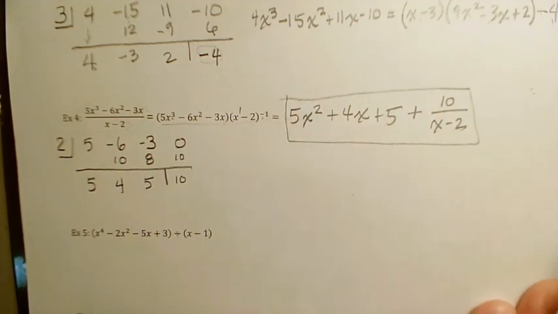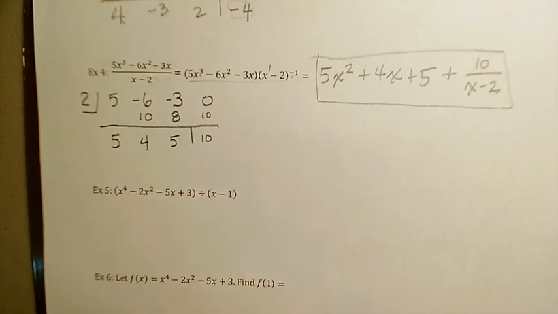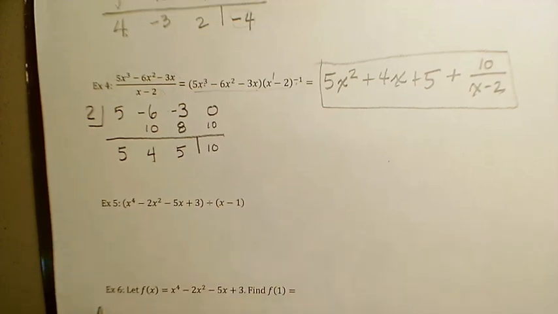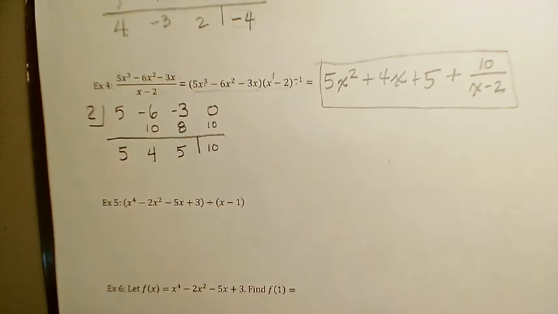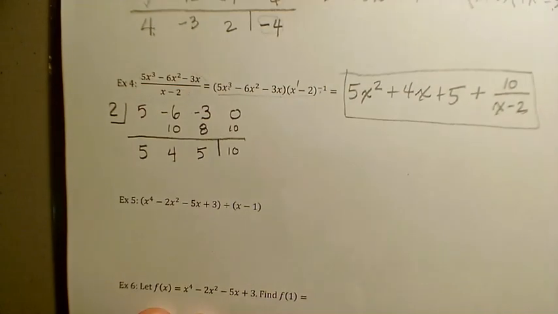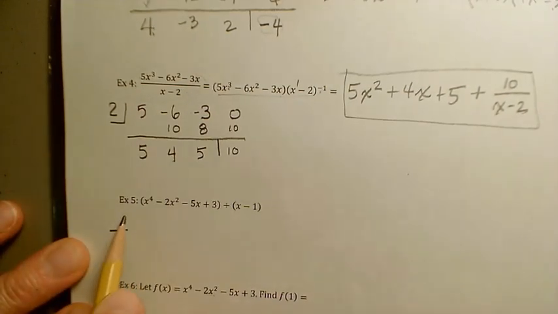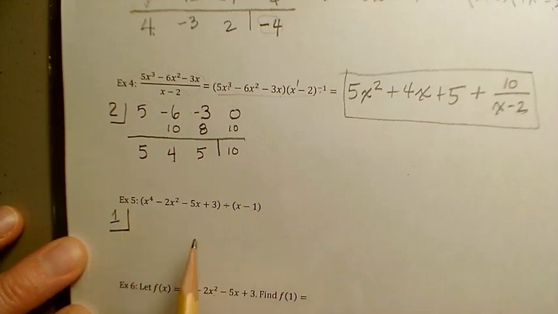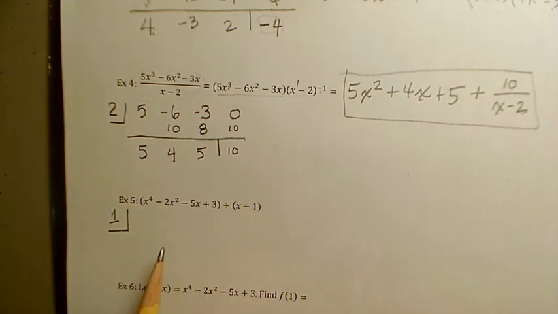Okay. All right, let's try the next one. Again, pause the video for number 5 so you can try it on your own, and then watch the video to see how you did. Okay, so I'm going to assume you've done it. I'm going to put a 1 in the box, the opposite here.